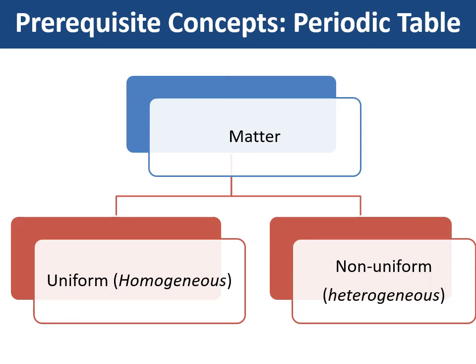Next one. So, matter can be divided into two. So, sabi nga natin kanina, matter can be divided into uniform or homogeneous and non-uniform or heterogeneous.